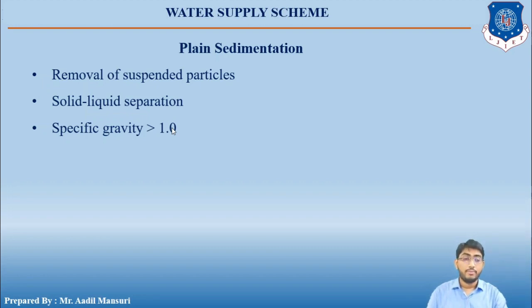These particles are held in suspension due to turbulence in the water. When this turbulence is retarded by providing storage of water, the suspended matter tends to settle down at the bottom of the tank, and this is the principle behind sedimentation. Understood, students?